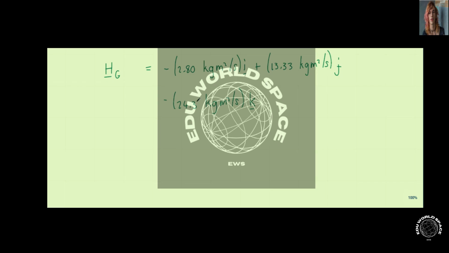Now, from here, we're going to prove that this matches our equation as required. So firstly, let's look at the position vector of the mass center, r bar, and we'll cross that with the momentum of the system, m v bar.